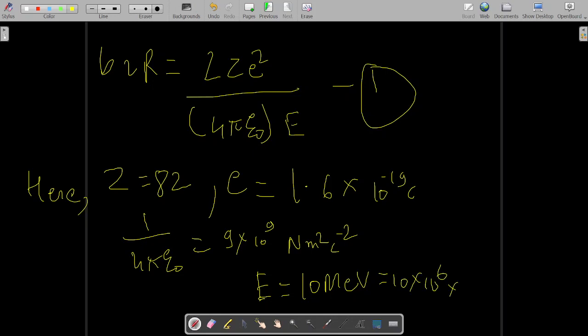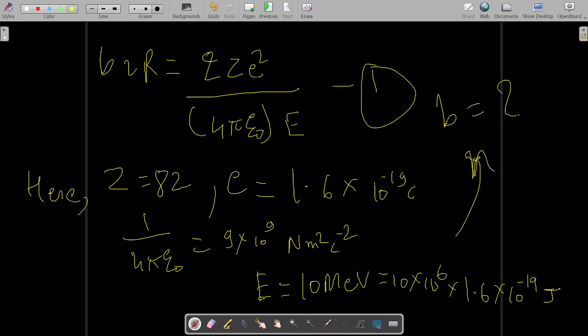An electron volt is 1.6 into 10 to the power minus 19 joule. So when you substitute all these values, this is your homework. This is 2, by the way. After you substitute these values in equation 1, you will get the value of B.